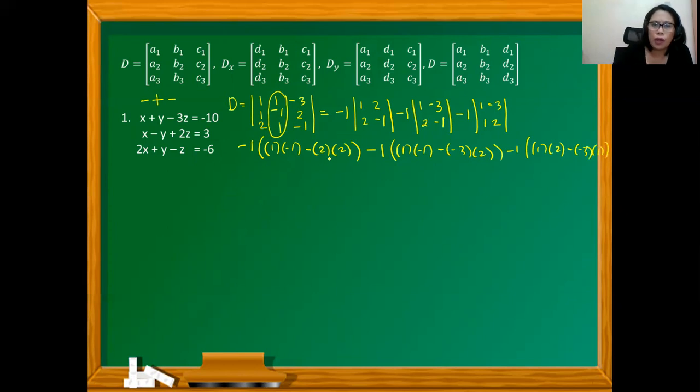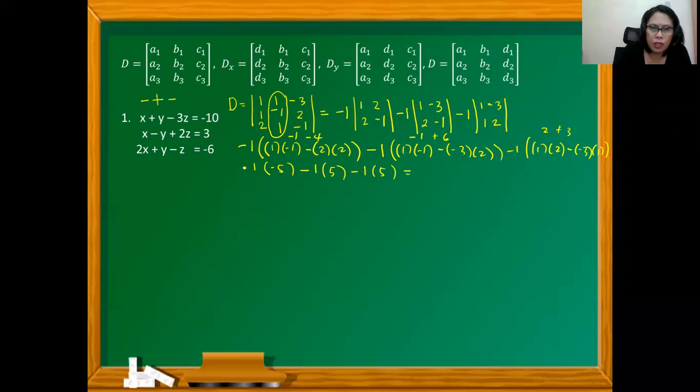And then let's simplify. So this is negative 1 minus 4. And this is negative 1 plus 6. And this is 2 plus 3. So we have 1 times negative 5 minus 1 times 5 minus 1 times 5.